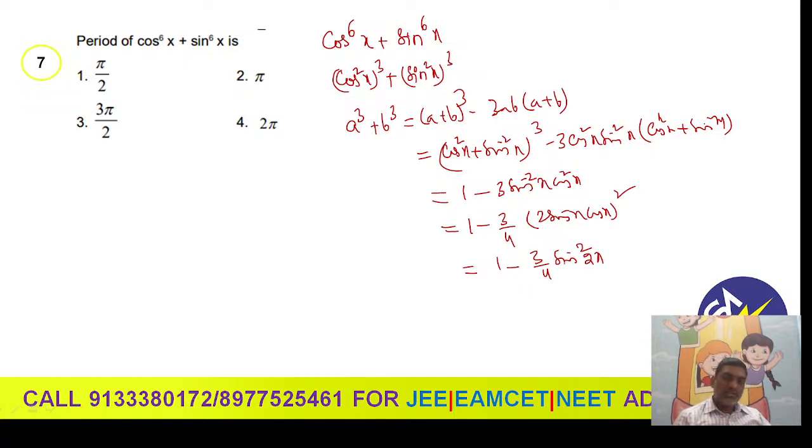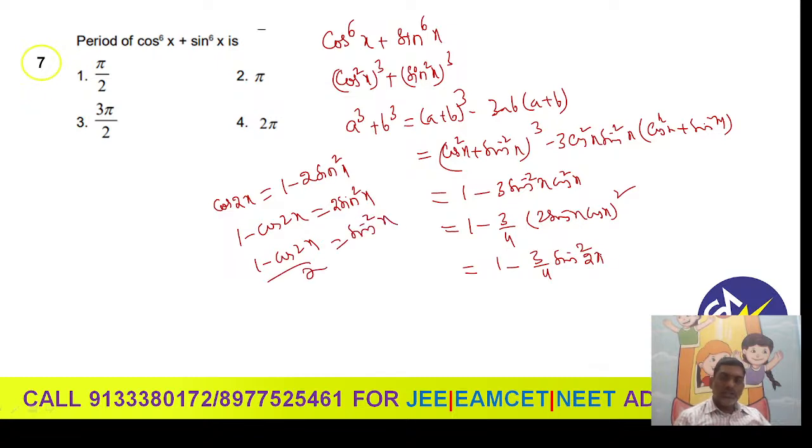Now let us write this sin square 2x using one formula, again the cos 2x formula. Cos 2x is equals to 1 minus 2 sin square x. So 1 minus cos 2x is equals to 2 sin square x. Got it? 1 minus cos 2x divided by 2 is equals to sin square x.